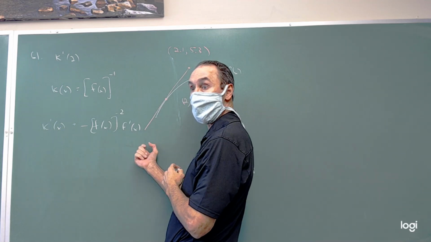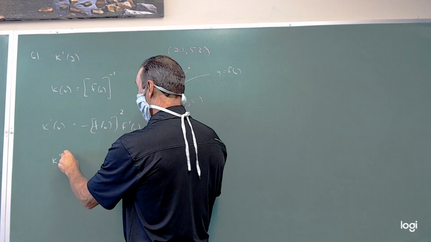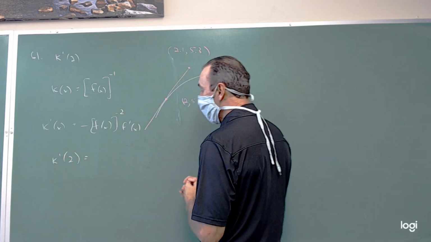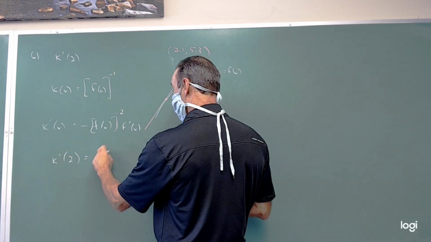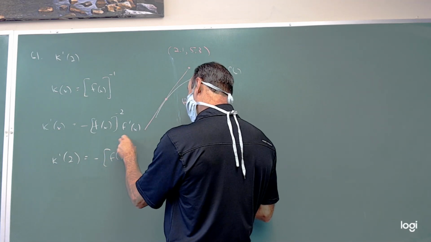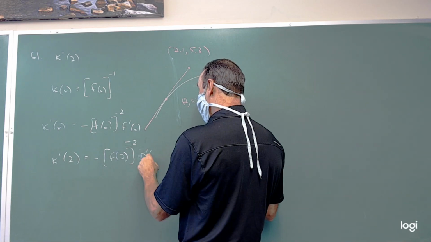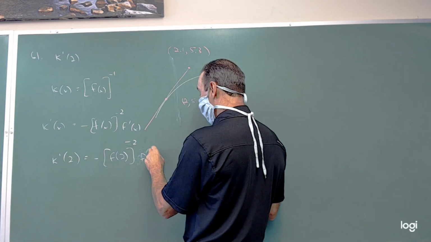So there's our derivative from the chain rule. Now we're going to evaluate this at 2. So we take negative f of 2 to the negative 2, and then times f prime of 2.